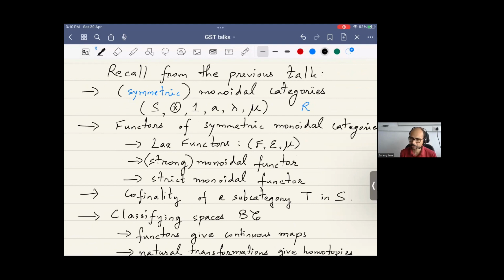There were lots of diagrams that had to commute. But the upshot of it was that up to certain isomorphisms, you can just get rid of the brackets and flip over your tensors as you want. That was the main point of all those diagrams.